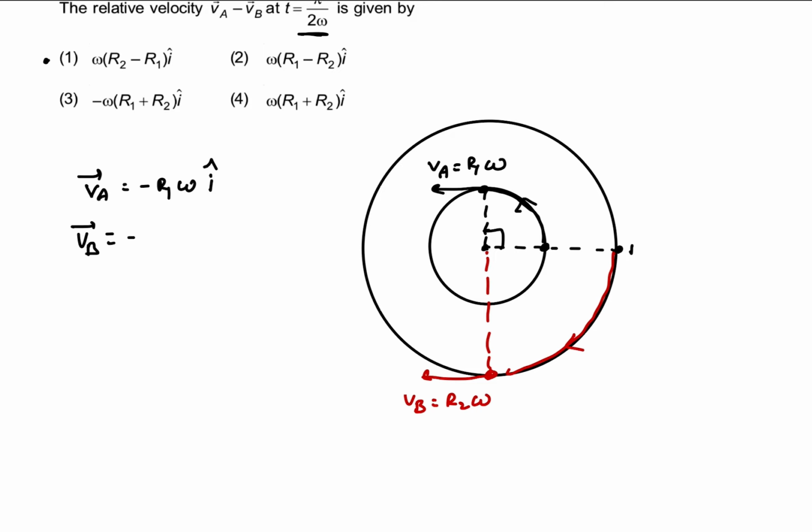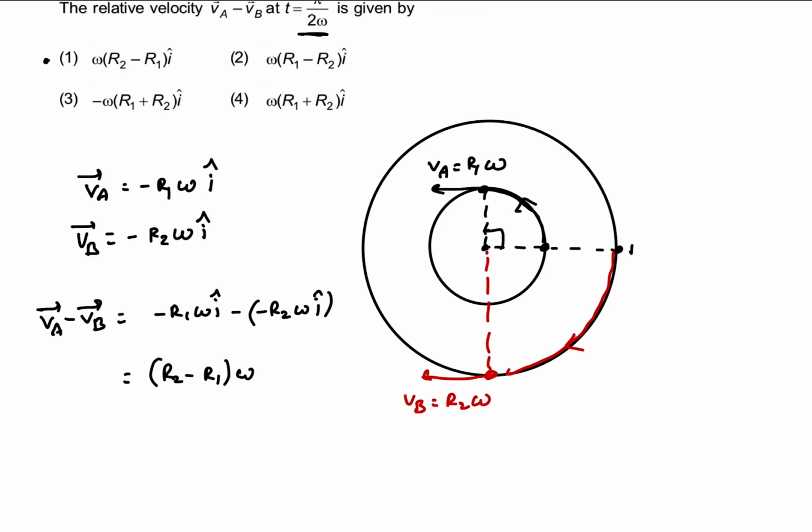Similarly, Vb bar is equal to minus r2 into omega i cap. Now Va bar minus Vb bar is equal to minus r1 into omega i cap minus r2 into omega i cap. You can write the value as r2 minus r1 into omega i cap. You can see first option is the correct option.